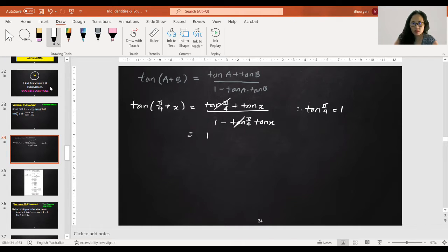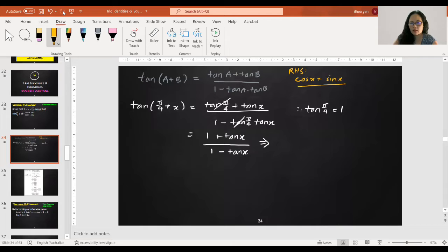So it'll be 1 plus tan x over 1 minus tan x. Now do not cancel them out. They're not the same.